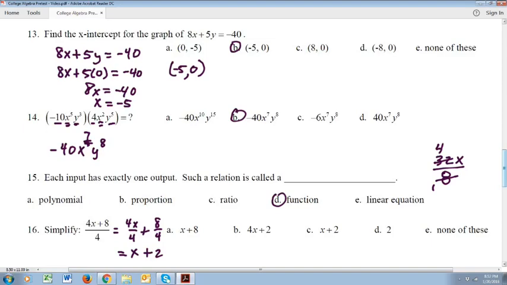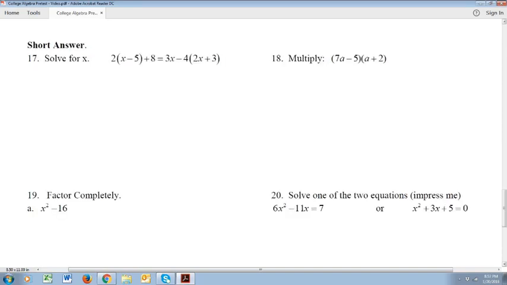So I can only do this kind of canceling thing when it's all multiplication. In the numerator, we have 32 times x, whereas in number 16, we have terms in the numerator. So you cannot cancel a term or part of a term. So the only way to simplify number 16 is the way I did it earlier. All right, let's move on.